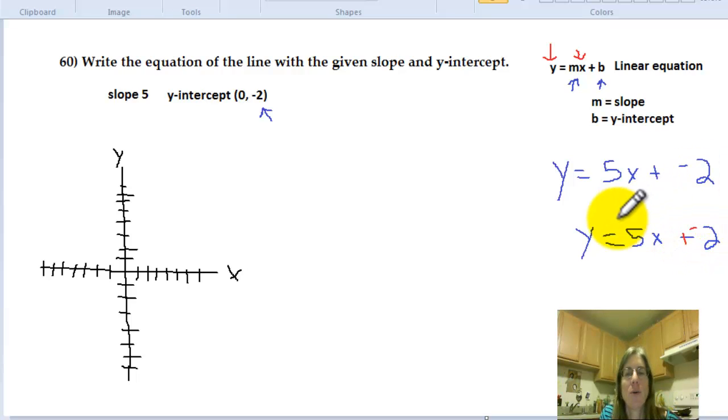Okay, so I have this graph drawn here because I want to show you a little neat trick. With the y-intercept, and the y-intercept is a point on the line, because this is an equation for a line made of points. One of those points crosses the y-axis, and it crosses where x equals 0 and y equals -2.